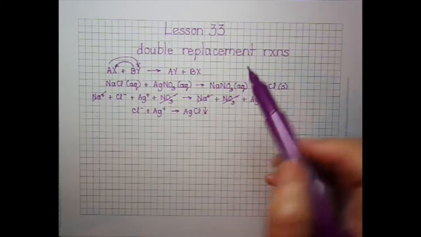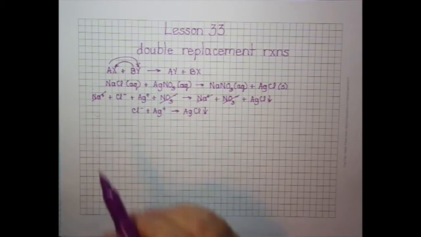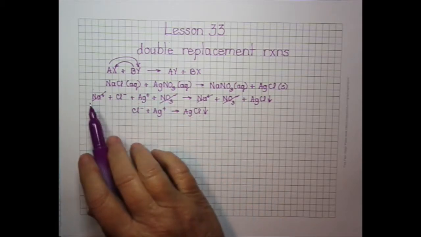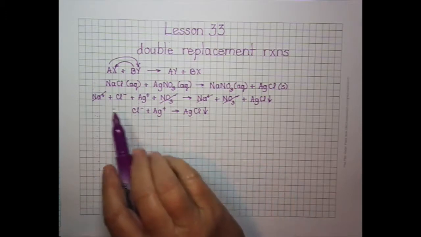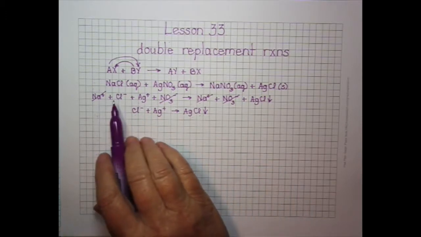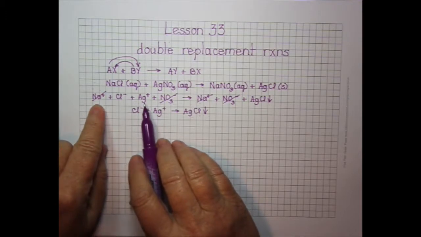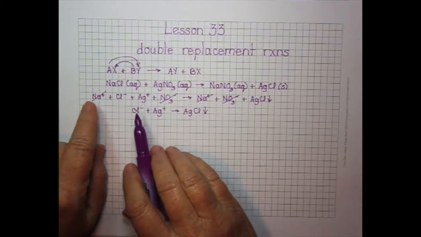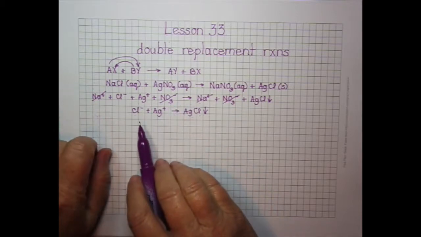All right? Think about what else is possible. If this sodium bumped into this chloride to form sodium chloride, it would just get pulled apart again by the water, and so it would separate back into the ions and nothing happened. If this sodium ion bumped into the silver ion, they're both cations, so they would repel. If this sodium bumps into the nitrate, it forms a salt which then dissolves again, and so nothing really happens.